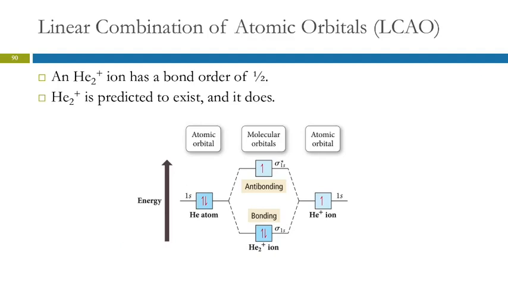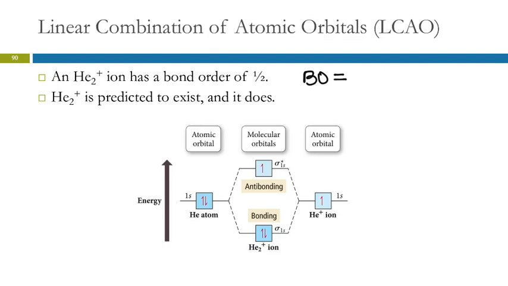So when we look at the atomic orbitals, we'd have a total of 3 electrons, 2 over here and 1 over there, because we're looking at He2 plus, so we have to be missing an electron. So there are 3 electrons then. 2 will go into the bonding orbital, and 1 goes into the antibonding orbital, because that's all the electrons there are. And then we can calculate the bond order.